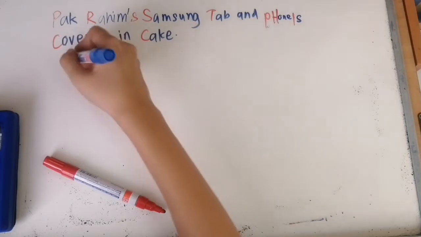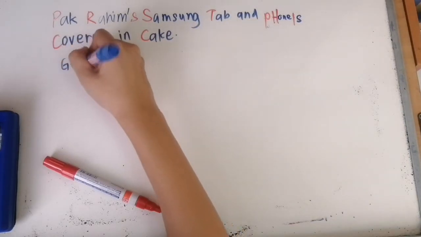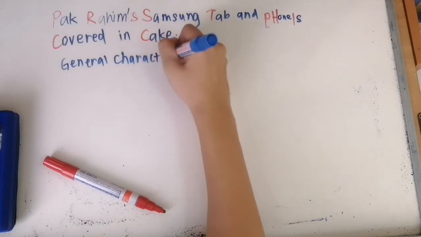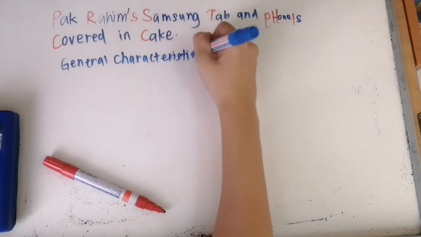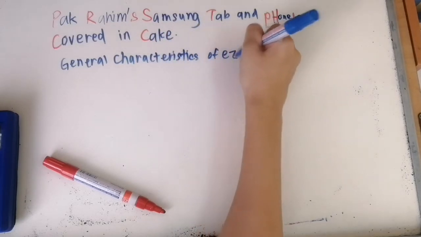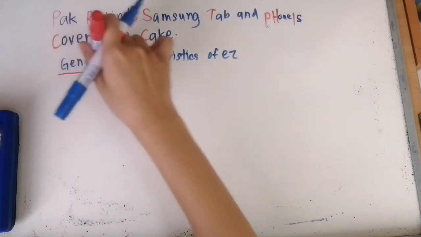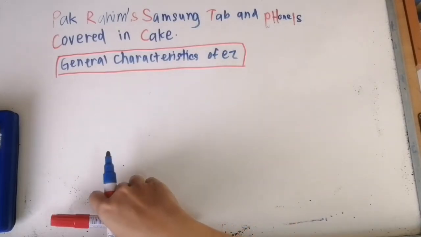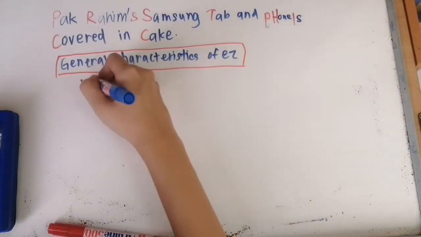So now we're talking about the general characteristics of enzymes. And we'll look at what each letter of the acronym actually stands for. So the P in this stands for protein.